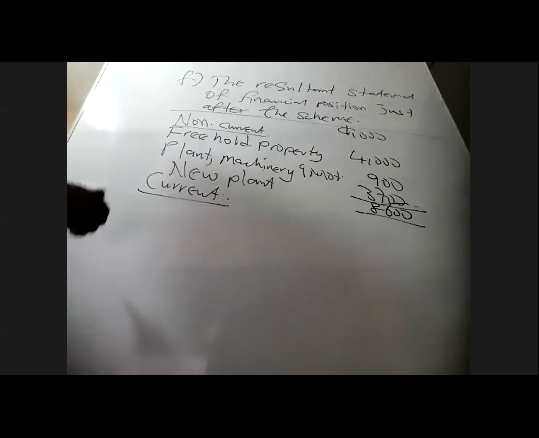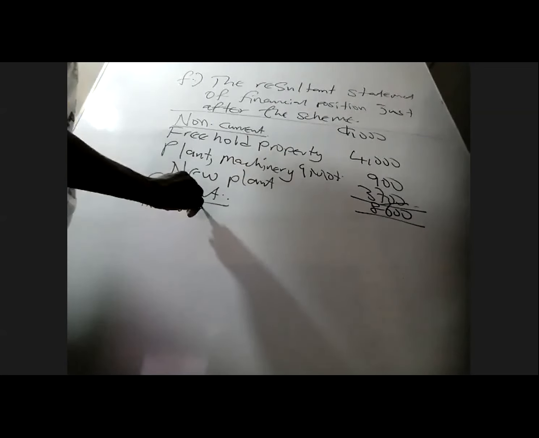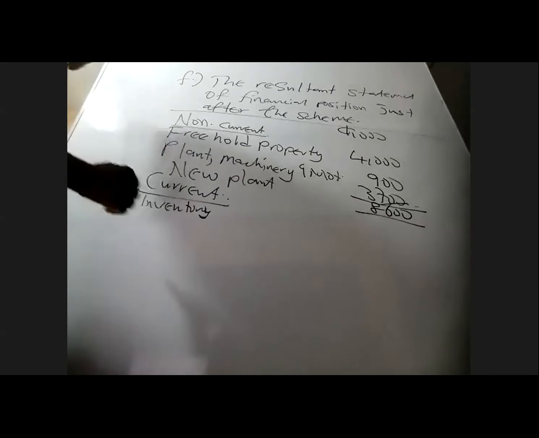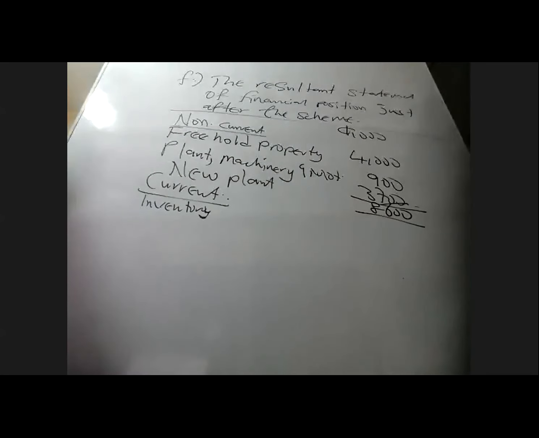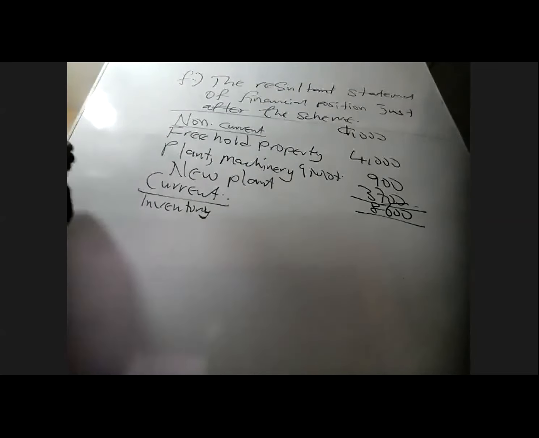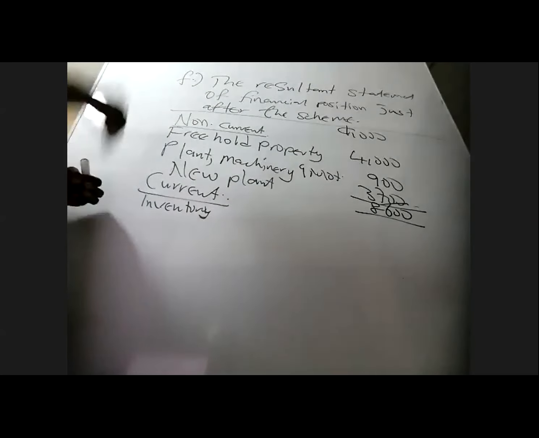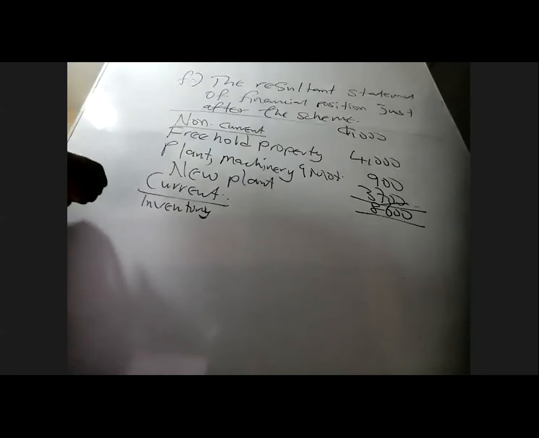The only current asset that they'll have will be inventory. The inventory, we said that we state at what? Inventory must be stated at its current value. That one is 2020. So inventory figure should be 2020.